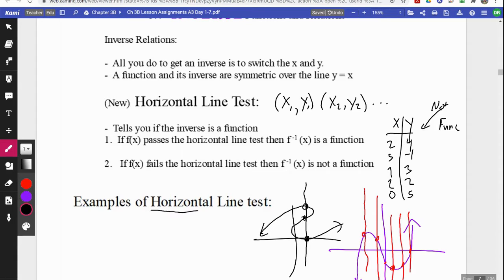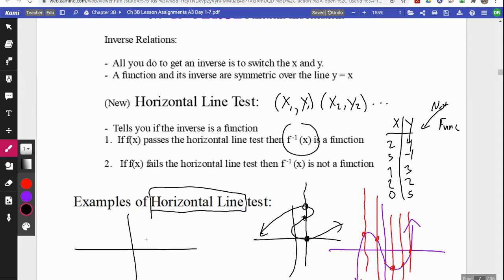Why we're calling it a horizontal line test is that's how you would test to see if your inverse is a function. So if f of x passes the horizontal line test, then f negative 1 of x, that's the inverse. It's just a notation for calling it an inverse. Then the inverse is a function.